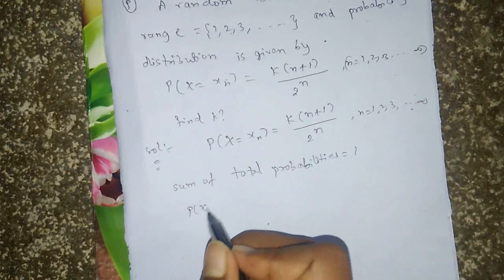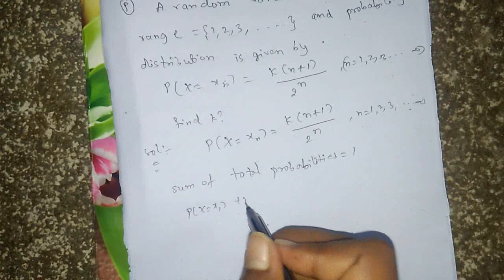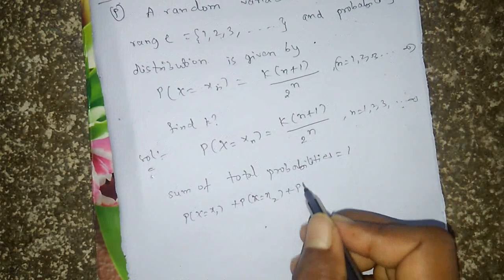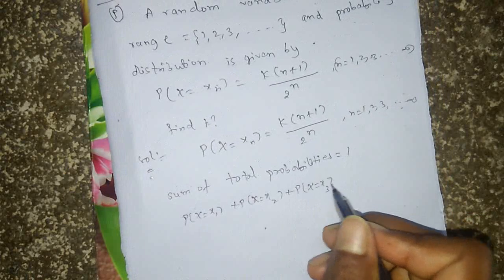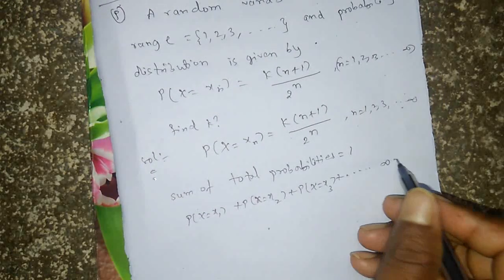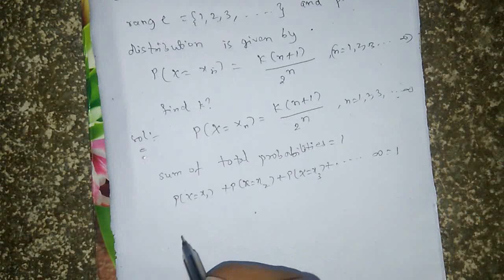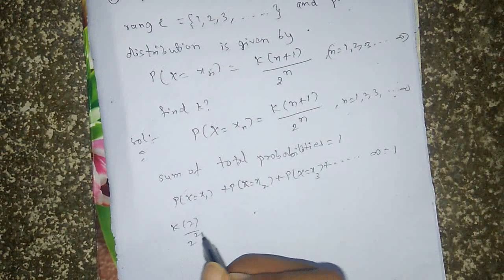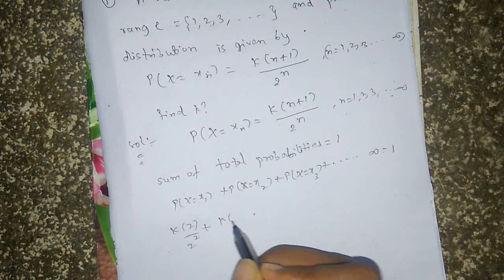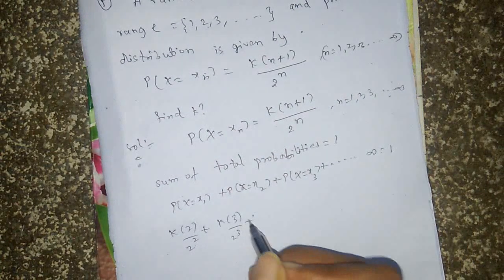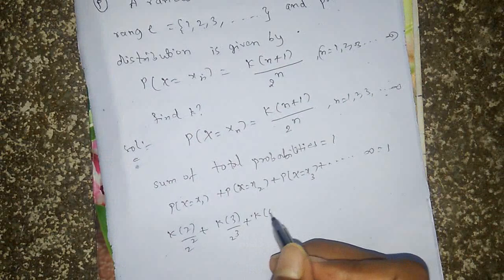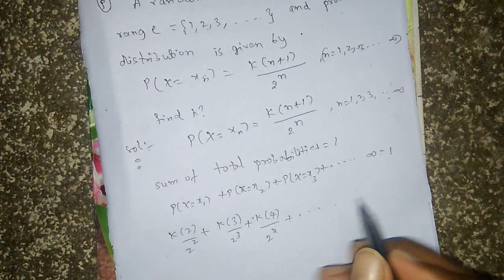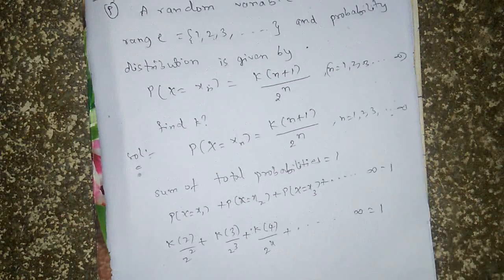That is P of X equal to x1 plus P of X equal to x2 plus P of X equal to x3 and so on up to infinity, that is equal to 1. P of X equal to x1, putting n equal to 1 here, is k into 2 by 2 square, k into 3 by 2 cube, P of X equal to x3 is k into 4 by 2 power 4 and so on up to infinity is equal to 1.